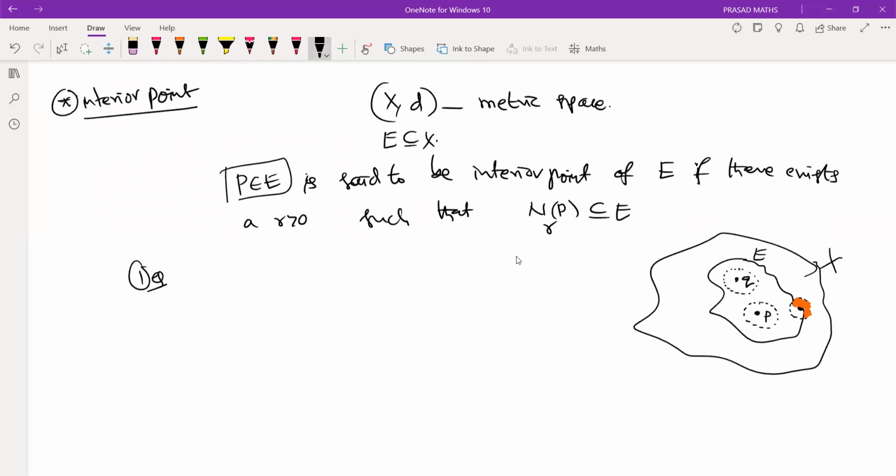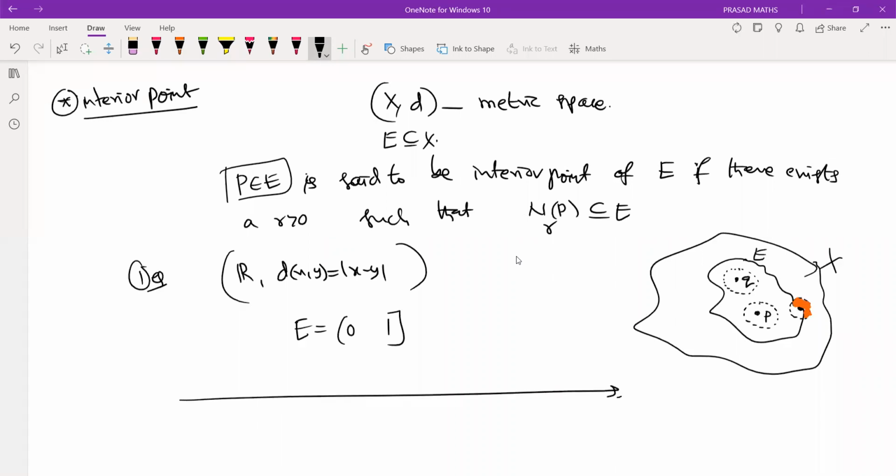Example: suppose you start with R with respect to the standard metric, and you start with a simple set, the interval open 0, closed 1.